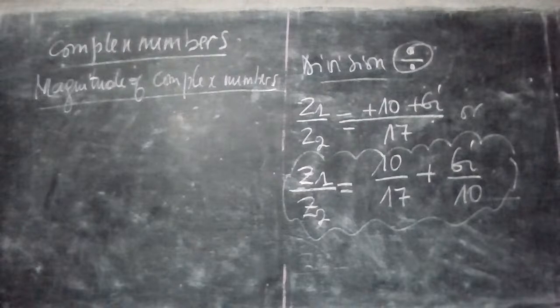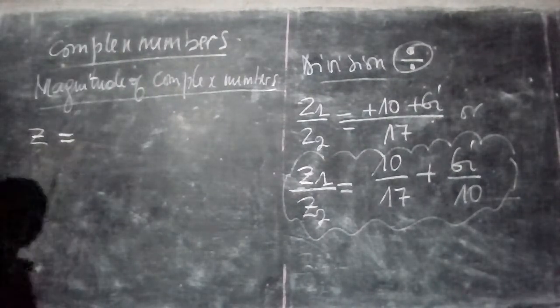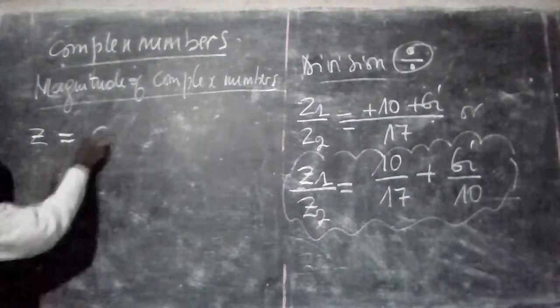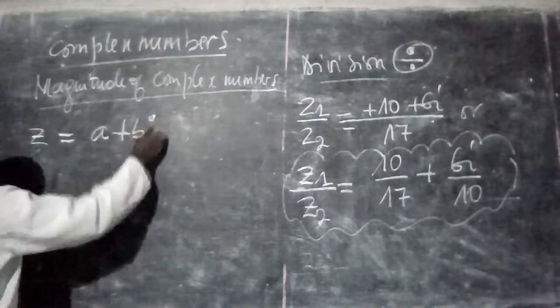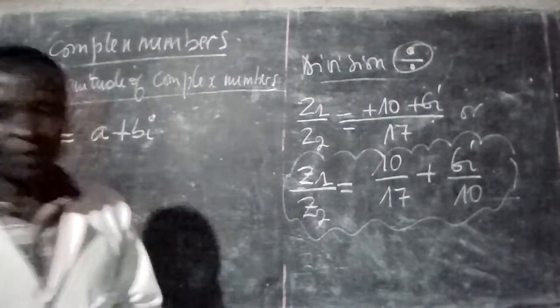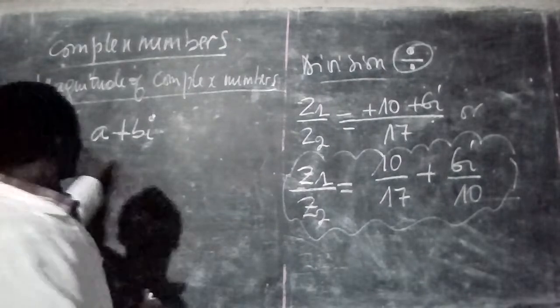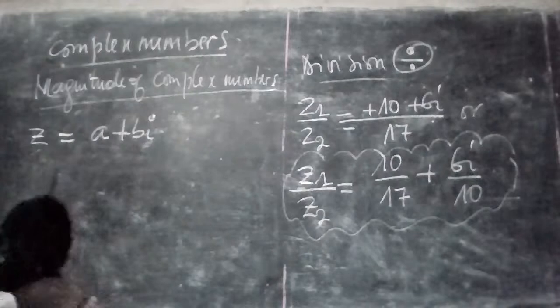For example, about complex numbers, if you have given, this is a symbol of complex numbers, which is A plus BI. You see, we have seen how should we use operations in complex numbers. Now we are going to see how should we find the magnitude of complex numbers.